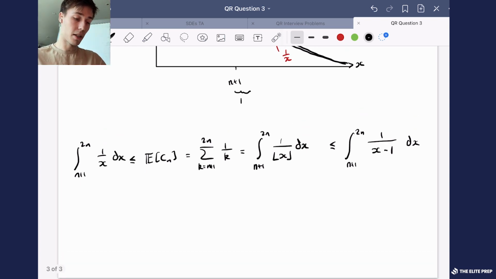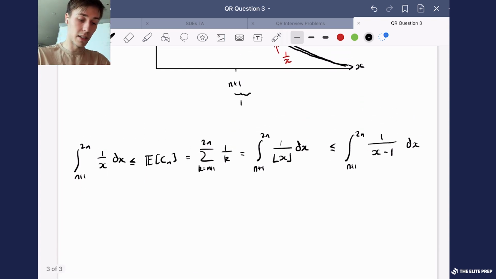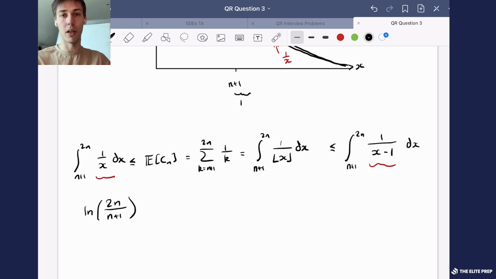Now the convenient part is that both of these are now easily evaluatable. The left-hand side is log of 2n over n plus 1, because the integral of 1 over x is log x, and log 2n minus log n plus 1 is log of 2n over n plus 1.